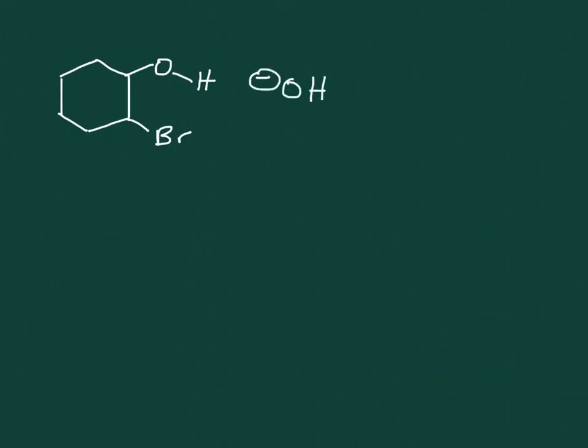So if we look here at the mechanism, I have my halohydrin. I treat it with a strong base. The base is going to take a hydrogen. This makes an alkoxide.